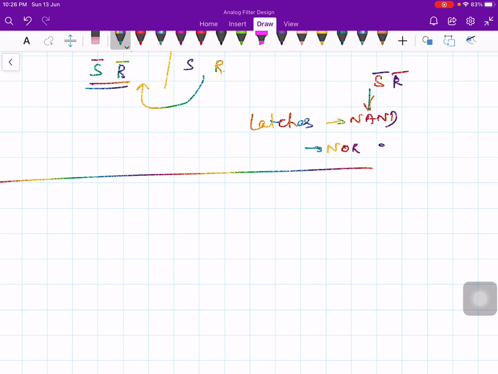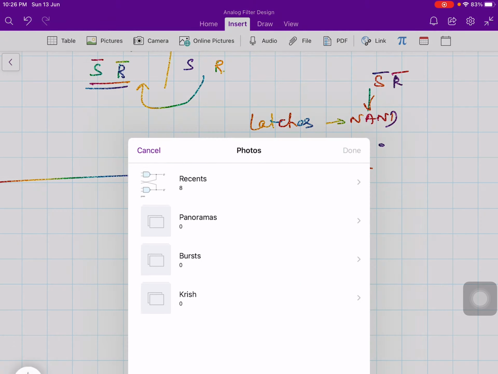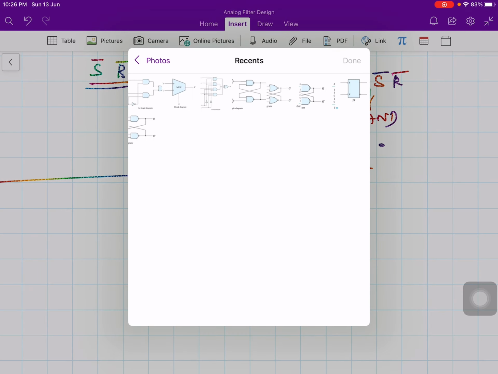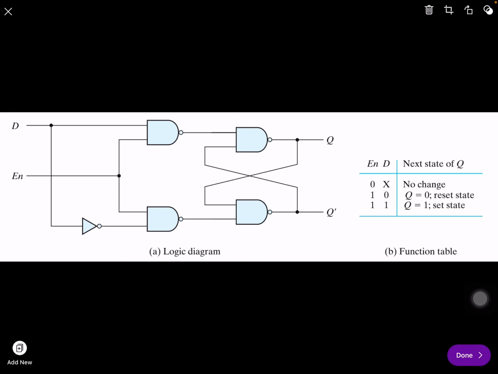So the next one is draw, insert pictures, then where is it? Yes, is this?